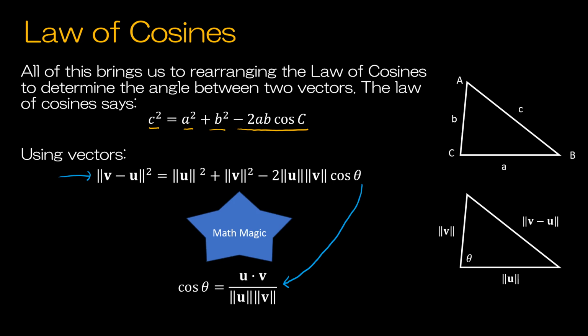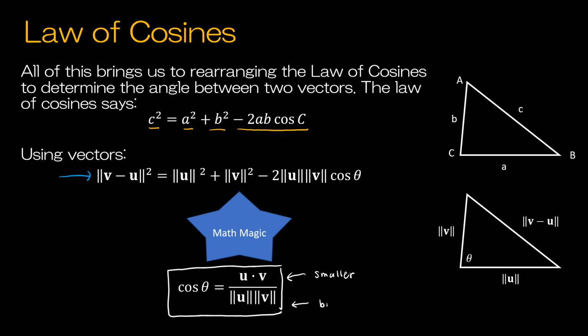But the important thing for everybody to remember, whether you care where this came from or not, is that the Cauchy-Schwarz inequality makes sure that this value on the top is smaller than this value on the bottom, which is bigger. That's what the Cauchy-Schwarz inequality says. Now, why is that important?